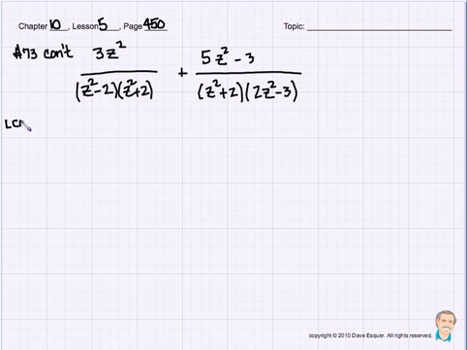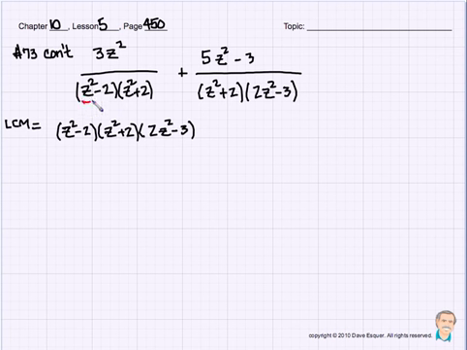We've got to find an LCM. And our LCM turns out to be z squared minus 2, z squared plus 2, and 2z squared minus 3.